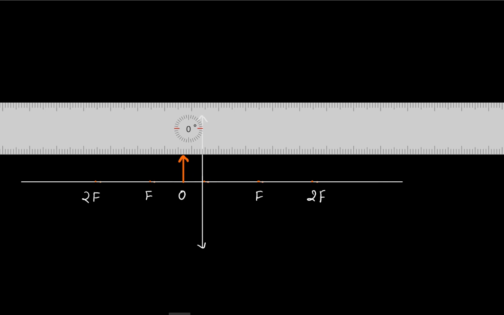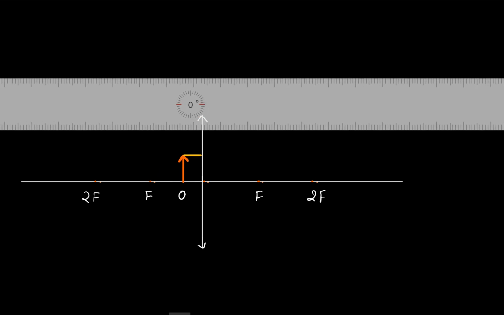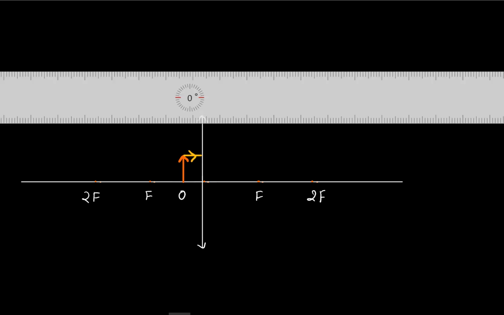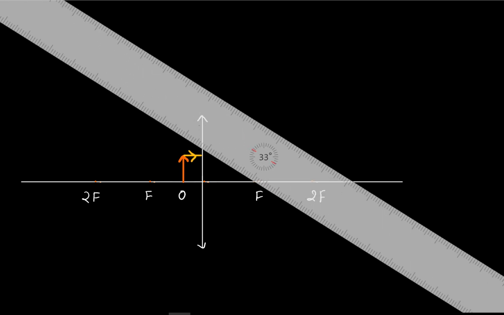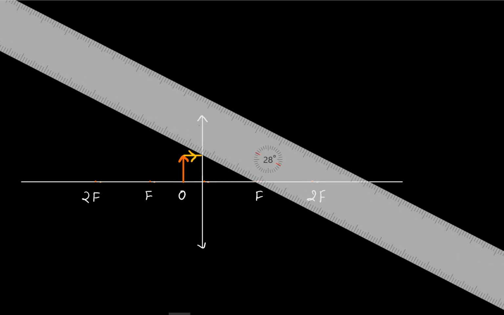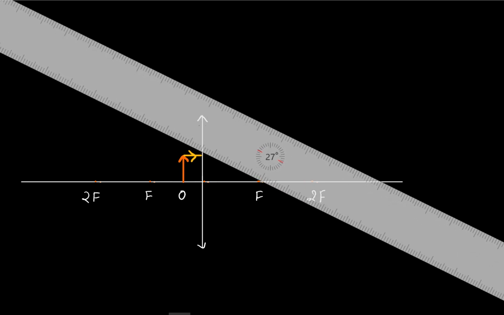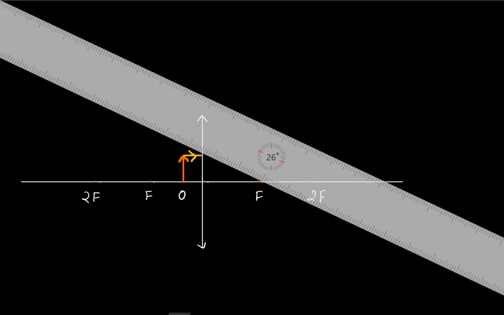Now this is going to be very challenging. Sometimes you really do not get your image soon because the image is on the same side. You'll see when I'm constructing. So this is the first line that goes parallel to the principal axis. Then in the same way, this line after cutting the principal axis will travel through F on the other side.